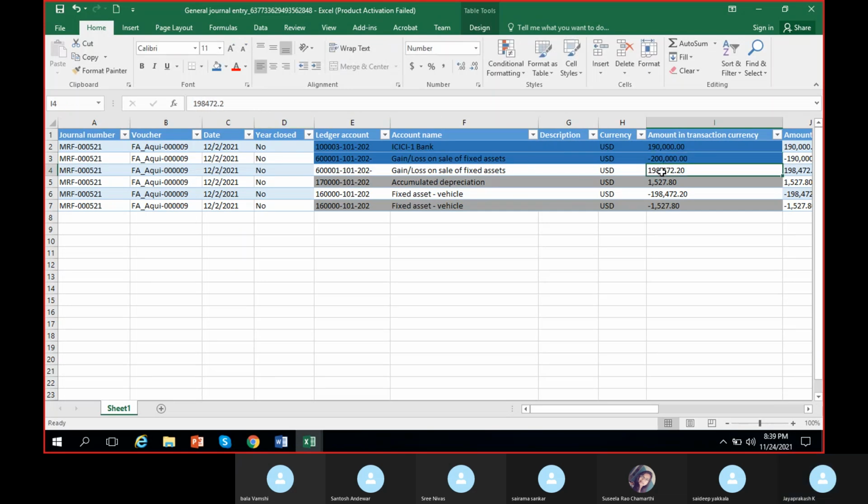Then the difference between this is 1,527. That will be my profit. In my bank account also I'll have 2 lakhs, right? When I sell it for 2 lakhs. So like this, I'll have my entry. So here it is minus 527.80 on gain or loss, so it will be a profit. So that's how the gain or loss will be differentiated or represented.